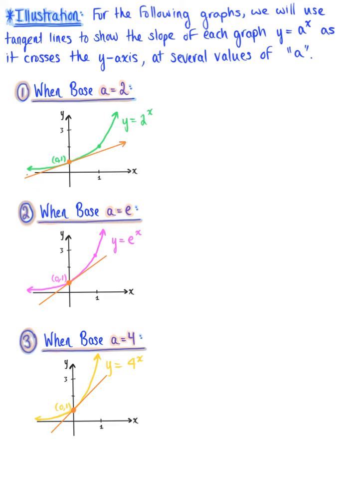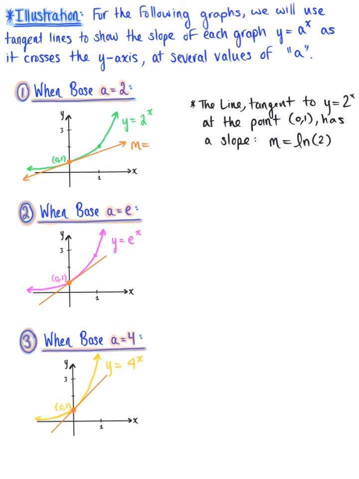So, looking at case 1 here, our tangent line at the ordered pair 0, 1 has a slope that is defined by the natural log of 2, which is approximately equal to 0.7. Now, if we wanted to calculate the exact value of the slope of the tangent line by hand, we would need to use the limit of the difference quotient as an arbitrary h approaches 0, and then evaluate the result at x equals 0.